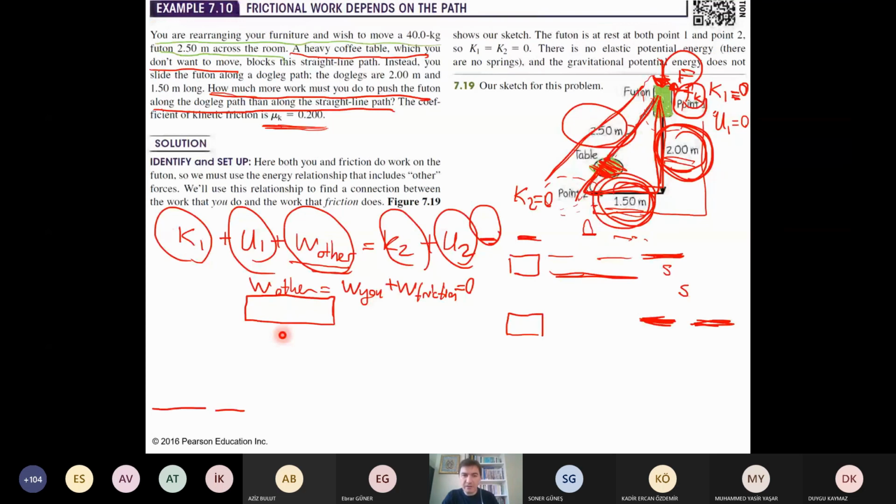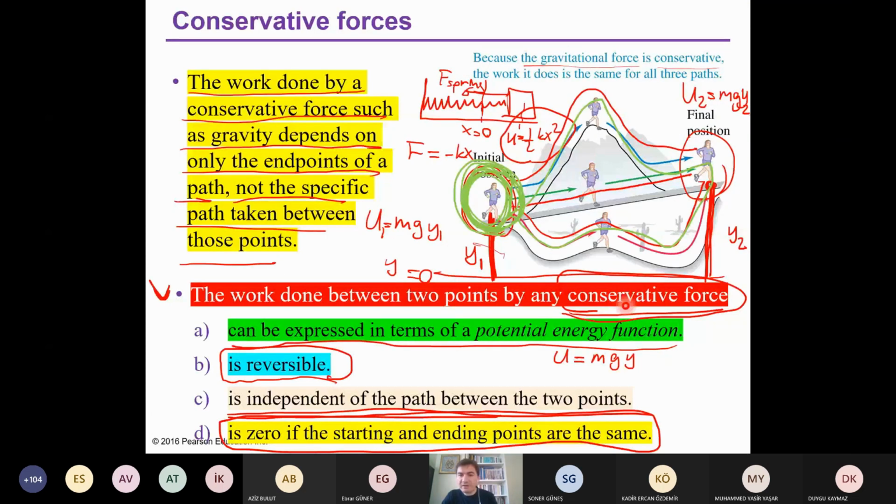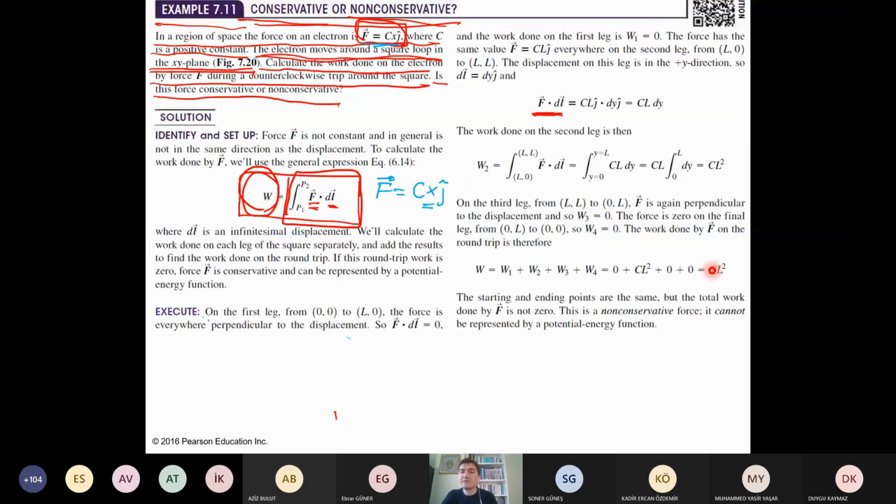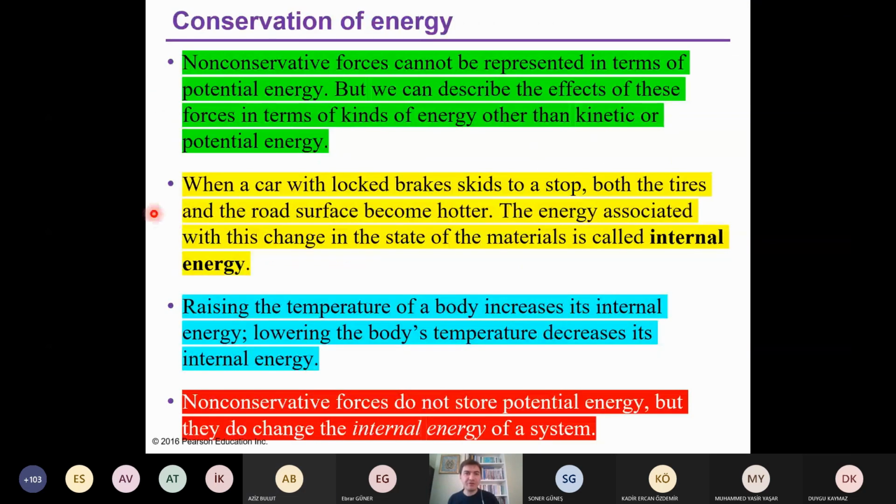But here the work is not 0. Then it means that this force applied on an electron is a non-conservative force, okay? And it cannot be represented by a potential energy function. Any question here? Then let me continue with conservation of energy.